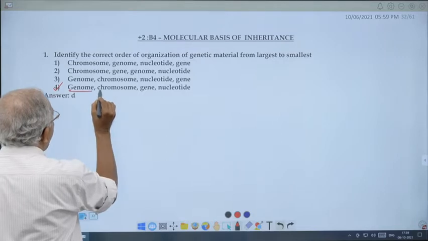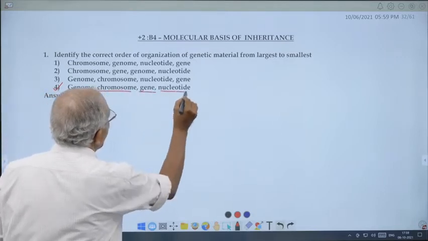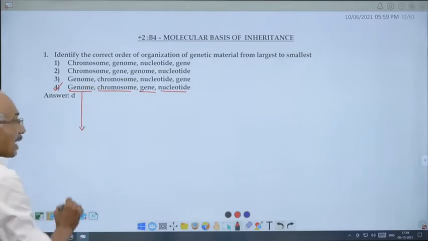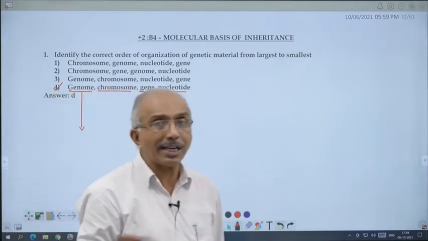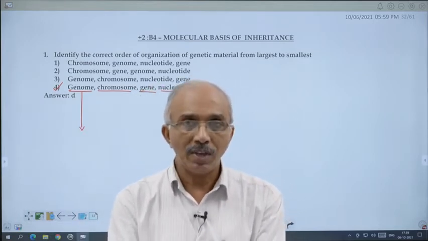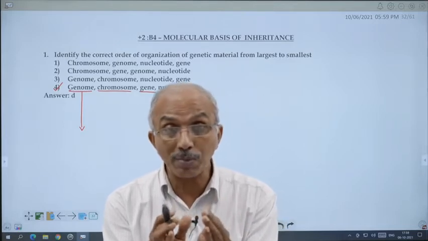Genome, chromosome, gene, nucleotide. What is genome? A complete haploid set of chromosomes is called genome. That is, genome consists of many chromosomes.